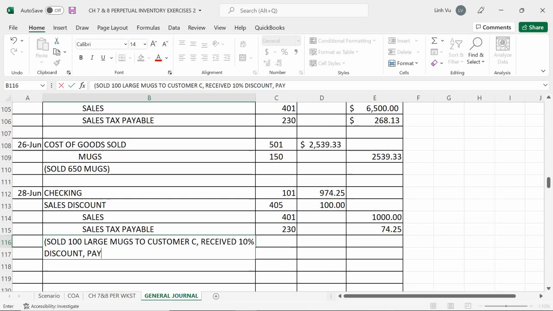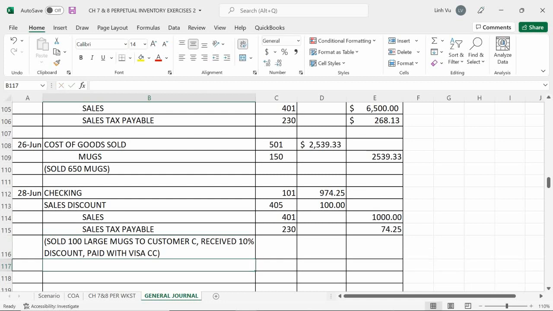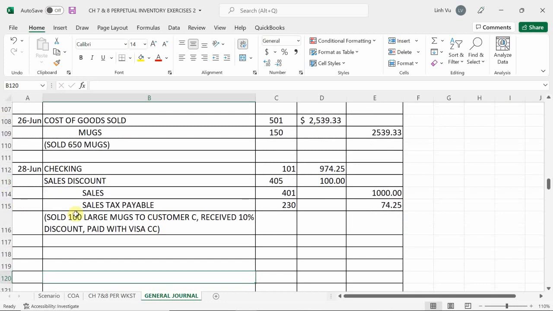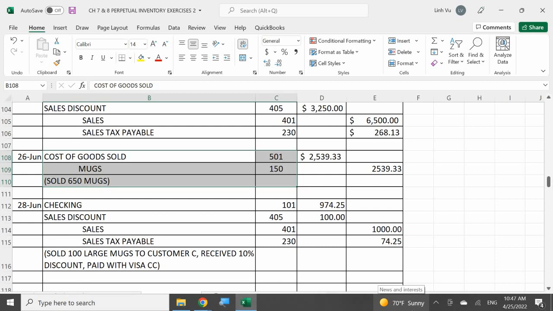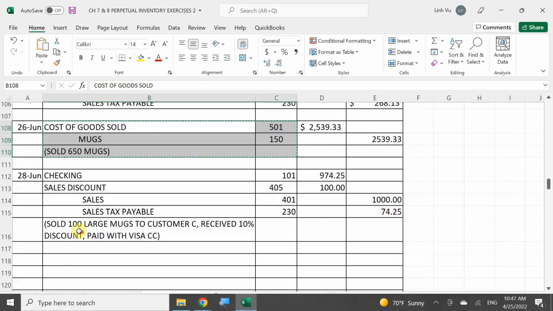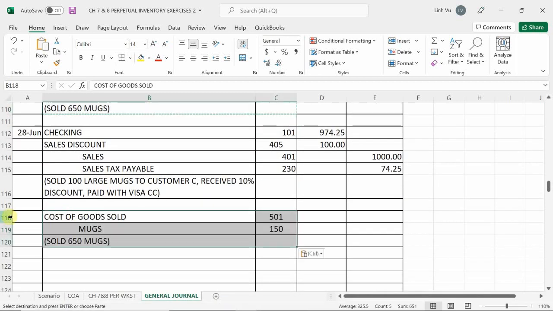And then you can also say paid with Visa credit card. Okay. So because we sold to customer C, we also need to update our inventory accordingly, right?